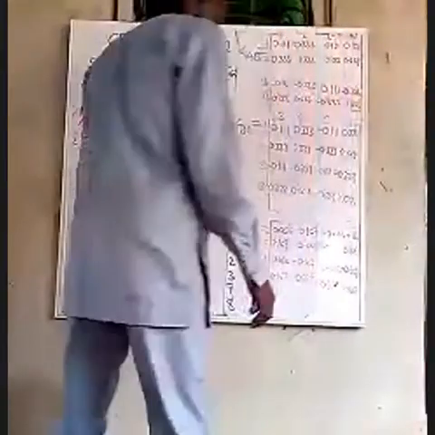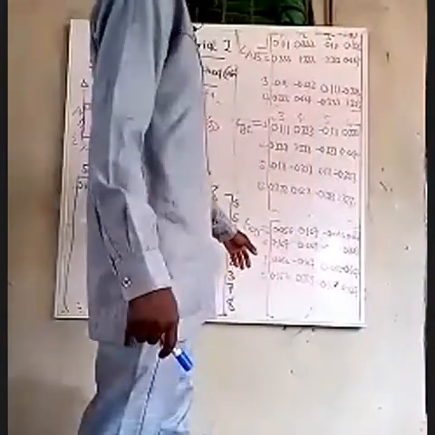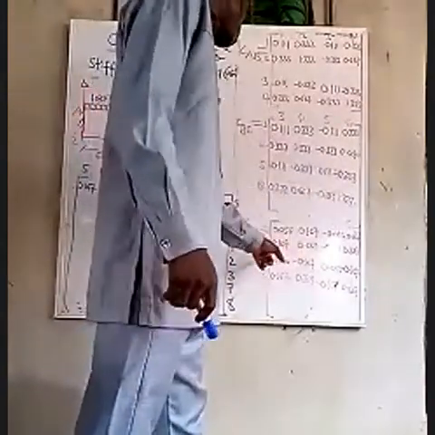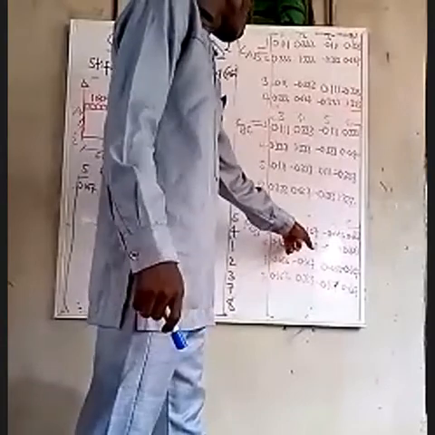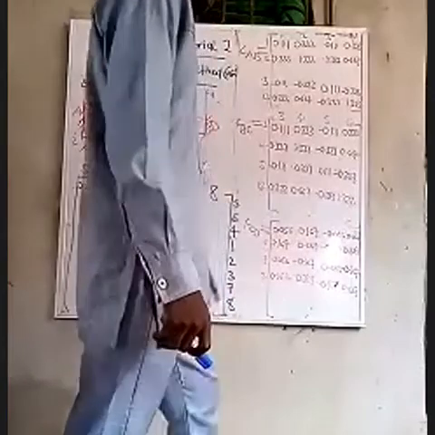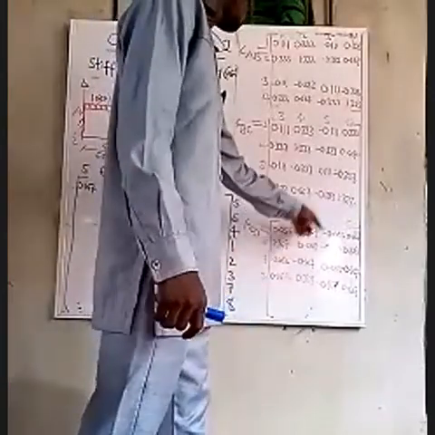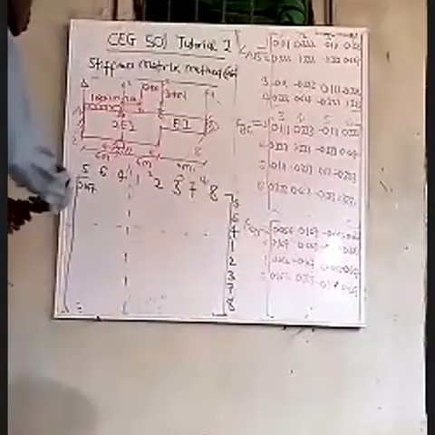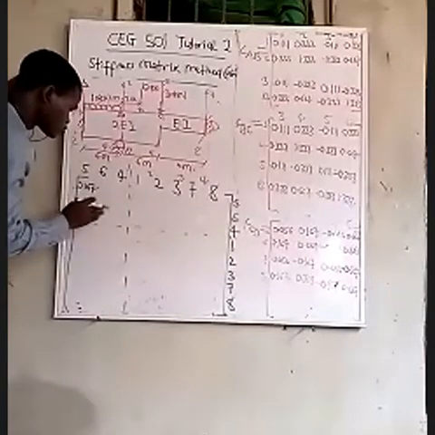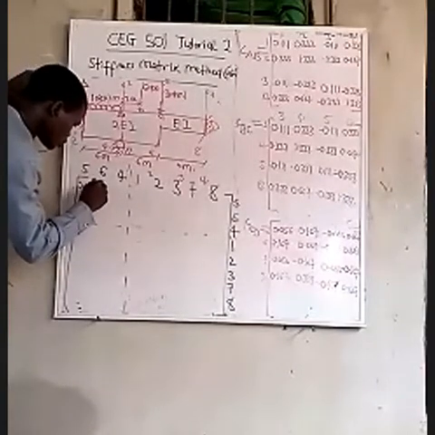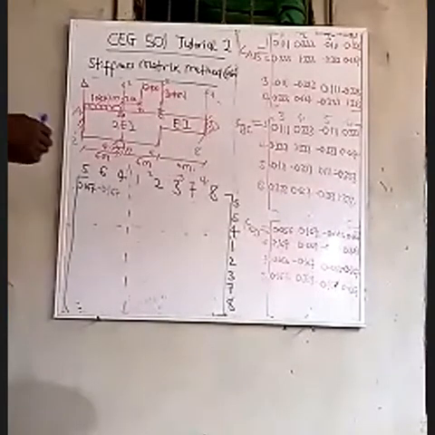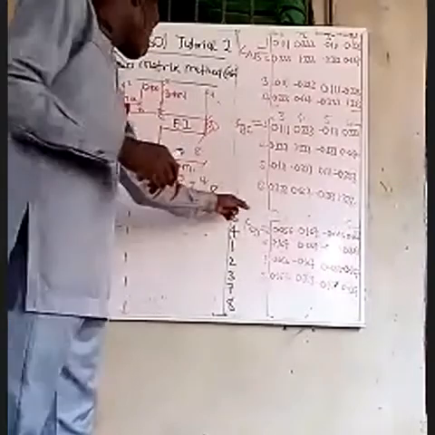Minus 0.166. Good. 6-5 is 0.167 here, then minus 0.167. So now the same thing, 4-5. I hope you are getting what I'm doing.